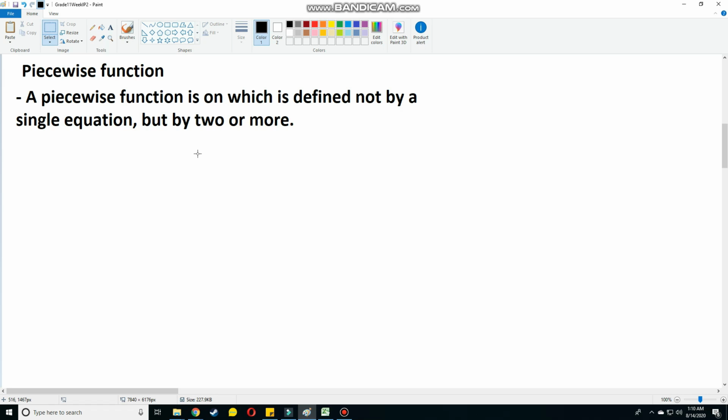We use piecewise functions to describe situations where a rule or relationship changes as the input value crosses certain boundaries. So there are certain boundaries wherein if the input value crosses them, the value would change. Let's have an example of a piecewise function so that you would understand it better.